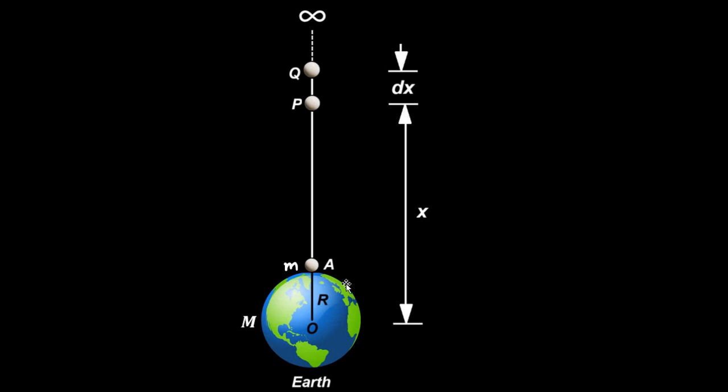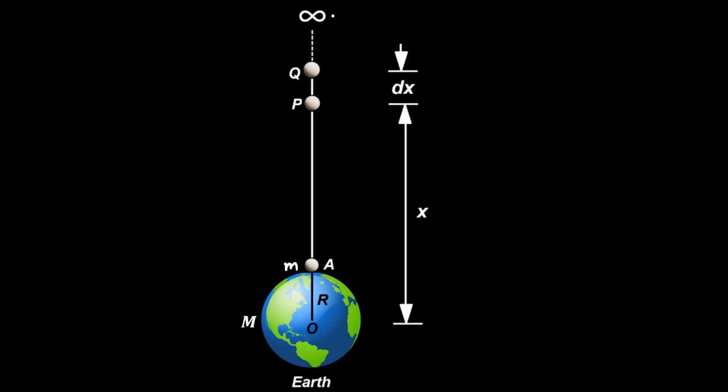It is raised upwards to point P, and then from point P to Q, and from Q to a very far away distance from the surface of the Earth, which we will say infinity.